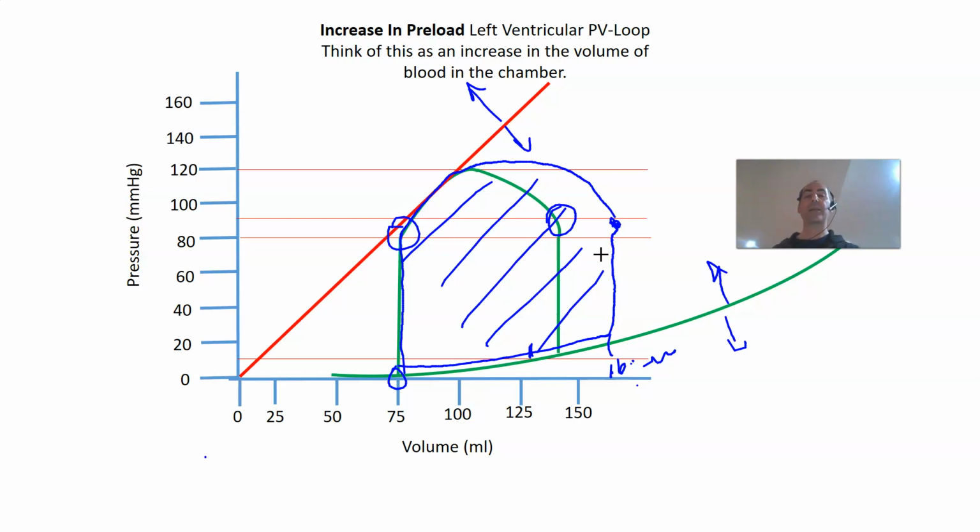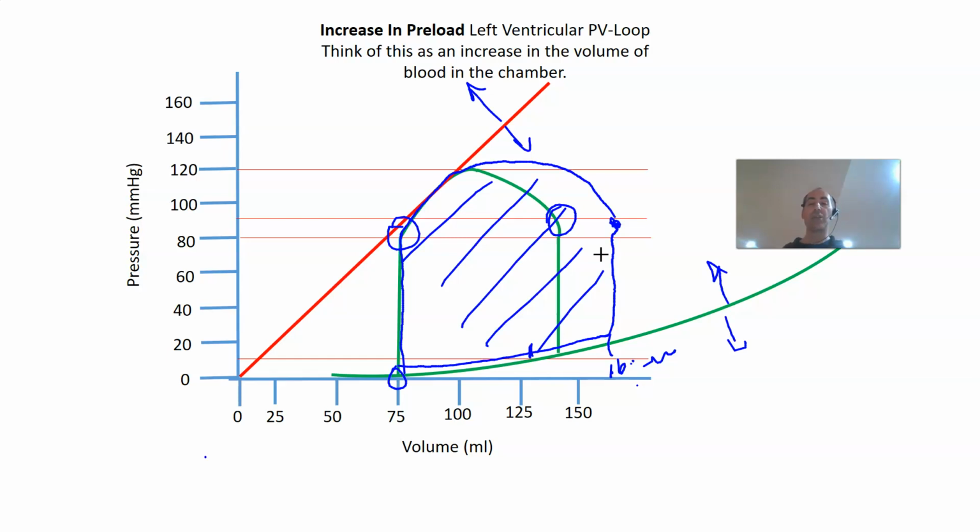But in the heart, the resting length of the normal heart chambers is below optimal. There's a disconnect between the resting length and the optimal length. So when more blood comes into any of the chambers, they expand. So right now you can imagine that those chambers and the actin and myosin are a little bit more compressed than they should be. They're crunched up.